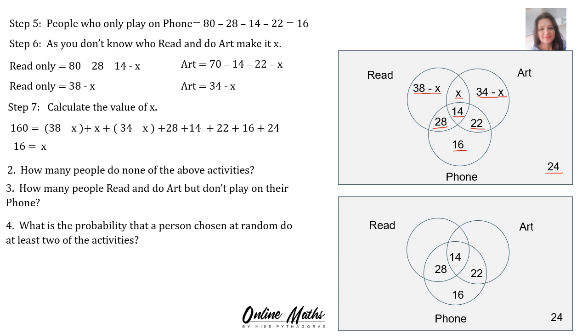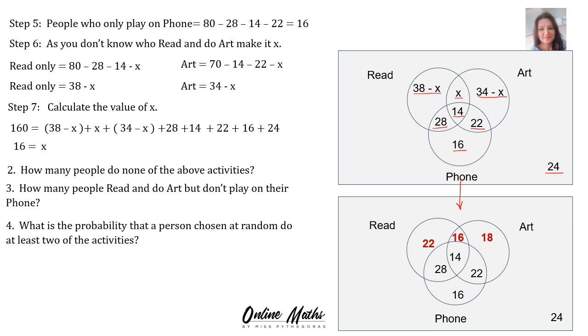And then in the next Venn diagram down here, I added it for you. So 16 is in X's place, and then read only will be 38 minus 16, which is 22, and art only is 34 minus X, which is 34 minus 16, which is 18. Now your Venn diagram is complete. And then you can also just check whether you're right. If you add all of those numbers in the second diagram, then they must add up to 160. Then you know you are right.